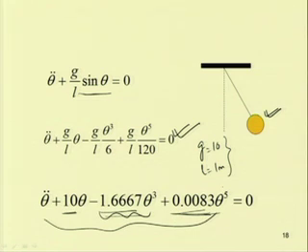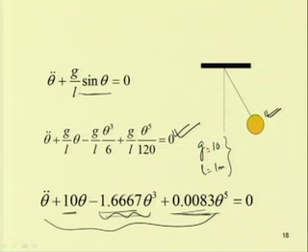In the analysis of a nonlinear system, it is very important to check the coefficients of the terms. Here the coefficient of theta is 10, theta cubed is 1.6667, and theta to the fifth is 0.0083. We have to write these coefficients in such a way that we do not fail to neglect these terms.